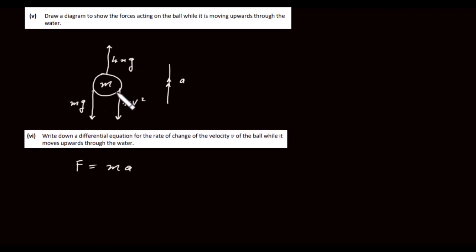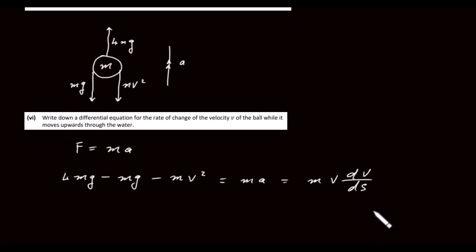So again, we have force is equal to mass times acceleration. So this time, if we look at all the forces, it's moving upwards this time. So we've got the 4mg first. We've got to subtract the mg and the mv squared. That's equal to, again, our mass times acceleration, which is just going to be equal to mass times v dv ds.